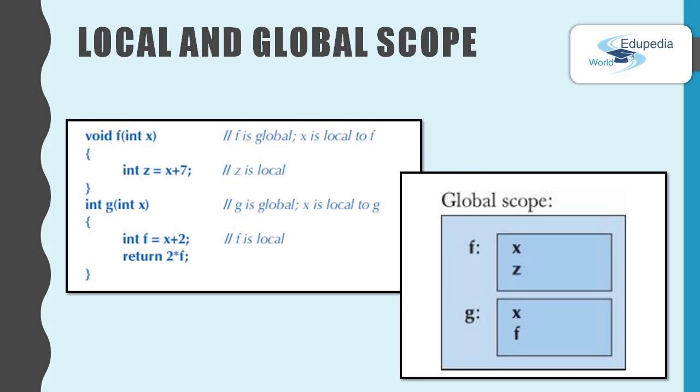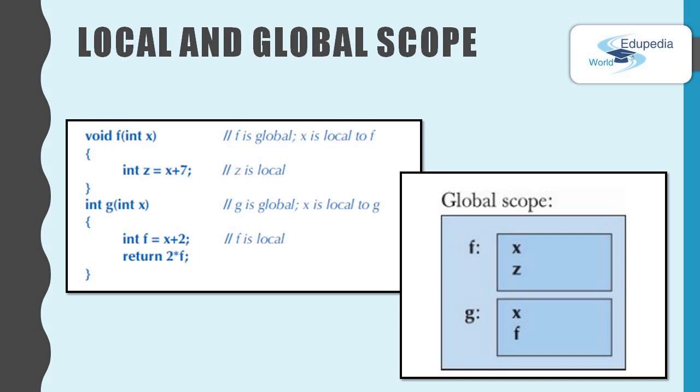For example, take a look at this code segment. It has two functions, void f and int g. The function f returns nothing, but the function g returns an int value. Both the function f and the function g are in the global scope, but the parameters are different. The parameter x of the function f is different from the parameter x in the function g.